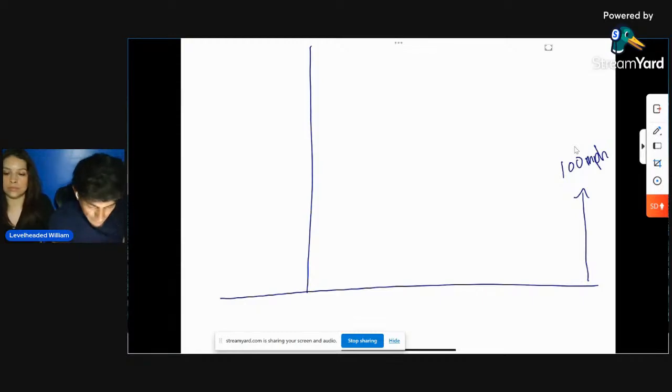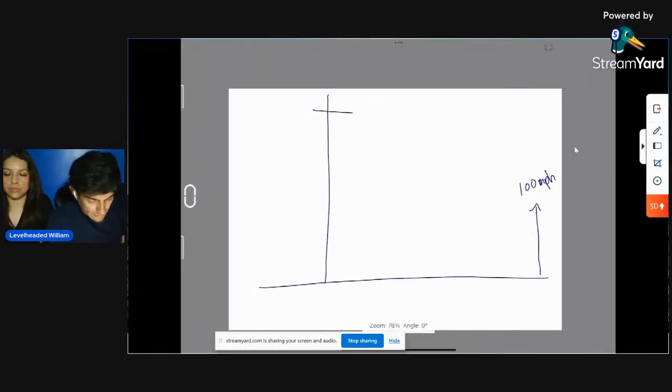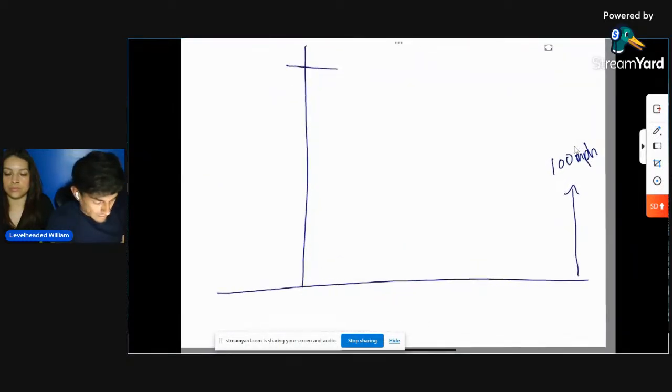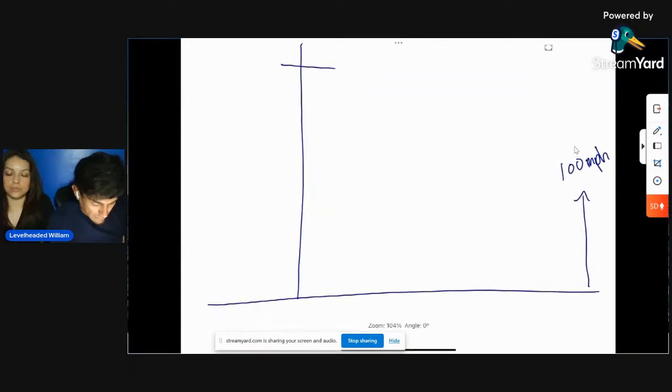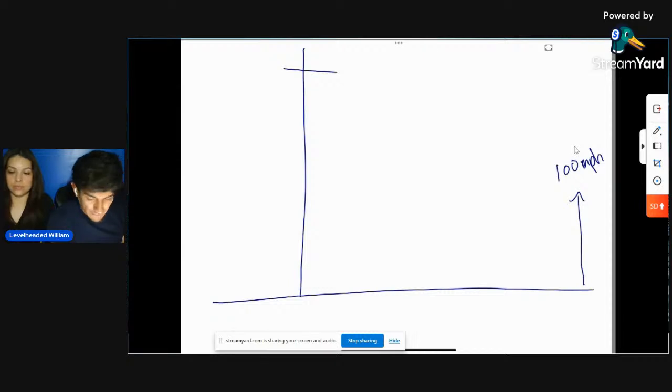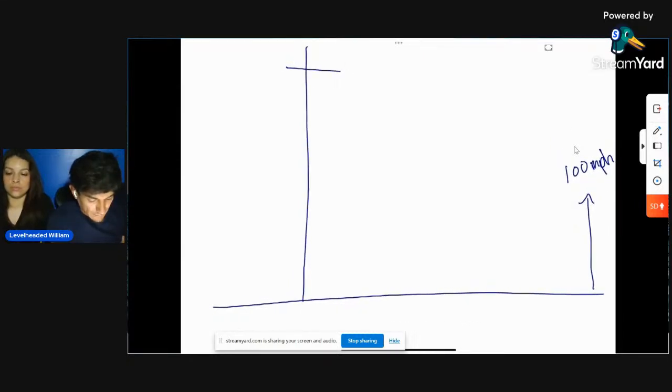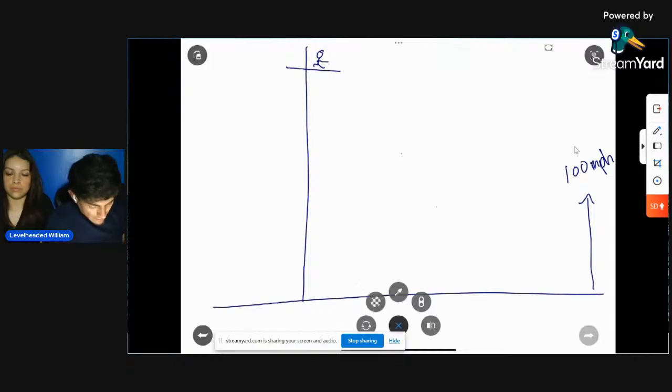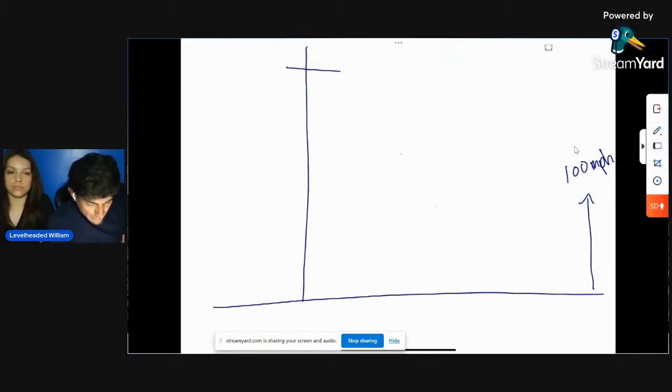For the sake of the demonstration here. So they like to say, or strawman, that when you have an object, and when you're holding this object, it is also moving at 100 miles an hour.